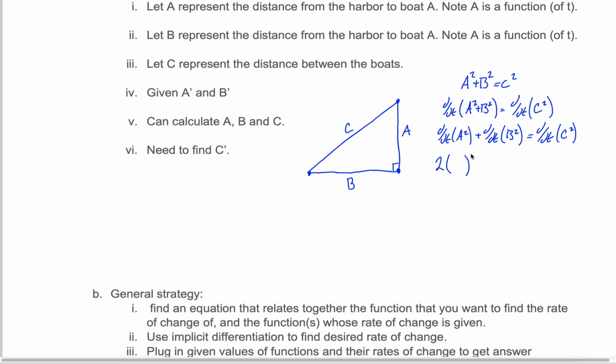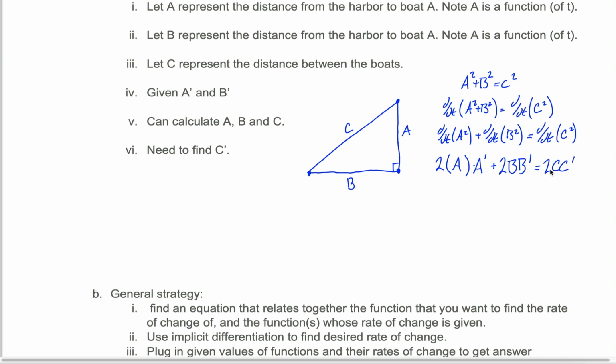My new exponent becomes a 1, which I don't even have to write. And then I leave my inner function, the letter A, completely alone. But then I'm not done. I have to multiply that by the derivative of the inner function, which is A prime. Same idea over here, where the derivative is equal to 2B B prime, and over here where the derivative is 2C C prime. I wrote parentheses here to try to show my work a little bit, but really they're not doing anything. I didn't need to write them at all.